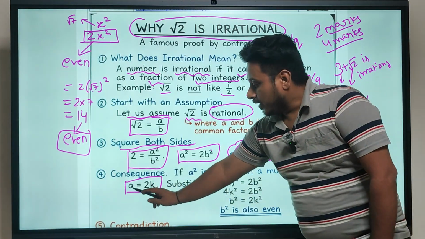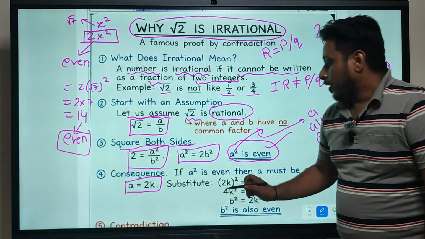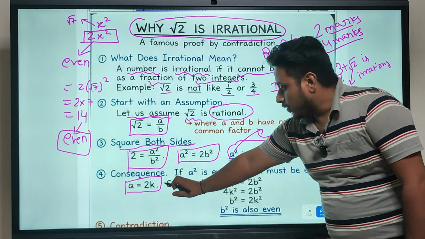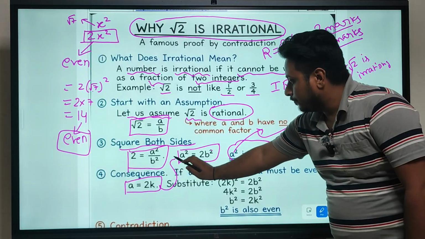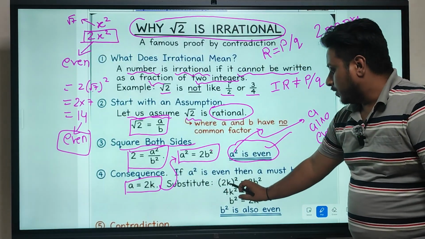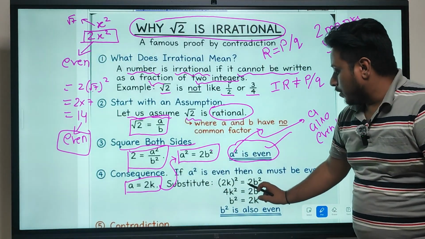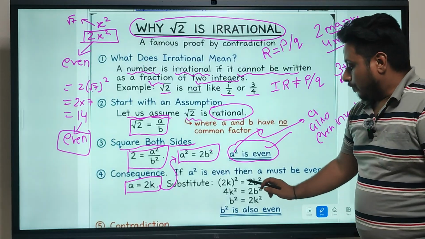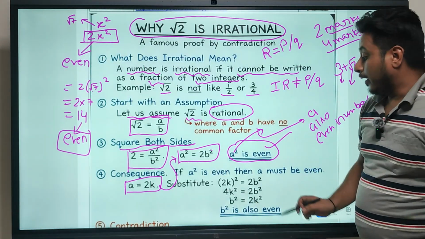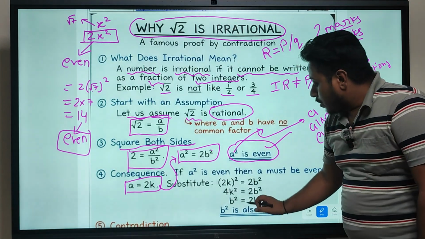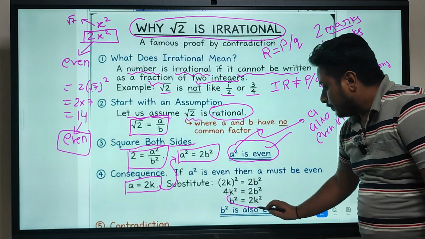So we write a equals 2 times k. Now we substitute a in this equation. Now you see (2k) whole square equals 2b square, which after solving gives 4k square equals 2b square. And again we see b square equals 2 times k square.